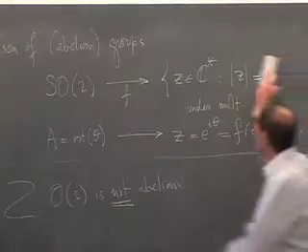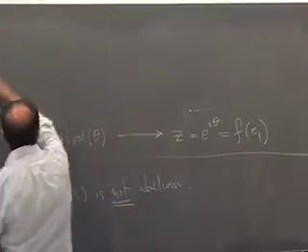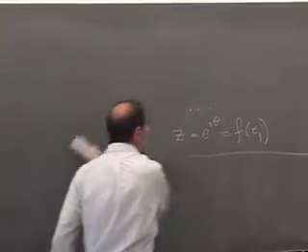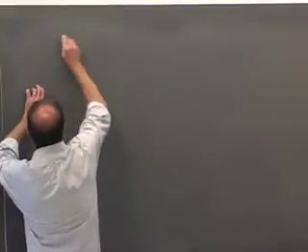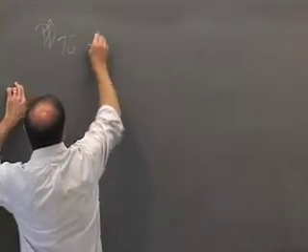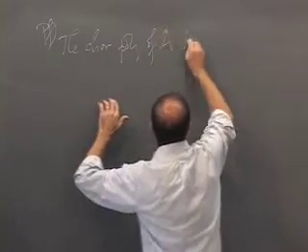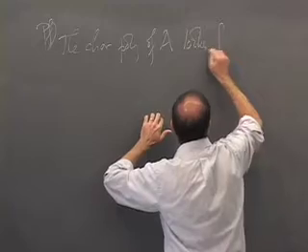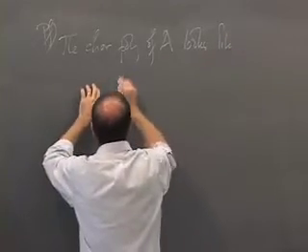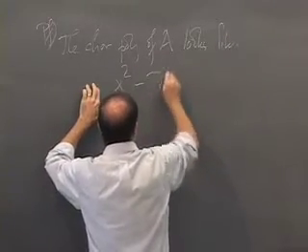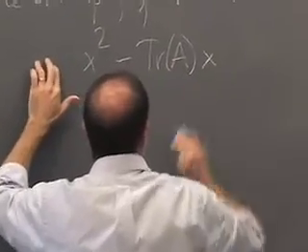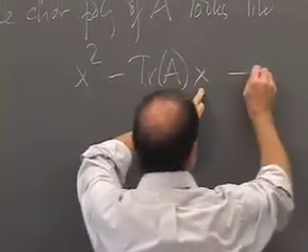Consider the characteristic polynomial. That's what we always do when we look for eigenvalues and eigenvectors. Proof. The characteristic polynomial of A looks like x squared minus the trace of A times x, plus the determinant of A, which is -1.